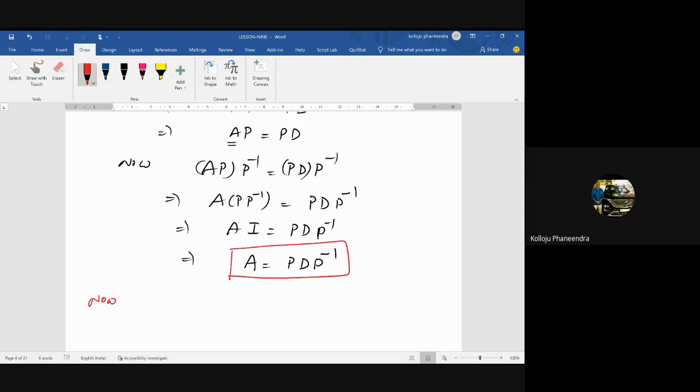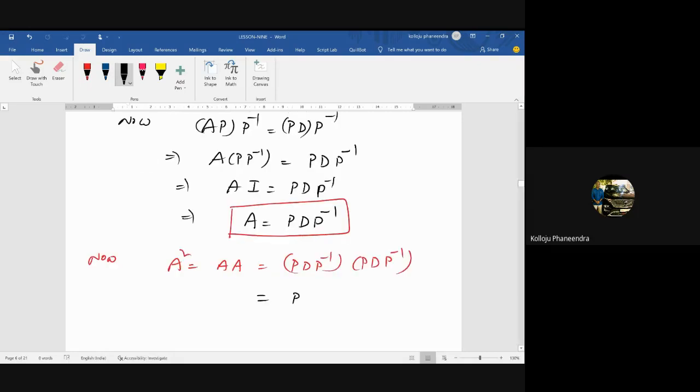Now, I want A square. A square is nothing but A into A. So I can write P D P inverse, P D P inverse. Since it is associative, I can write P D, P inverse into P is I, D P inverse.